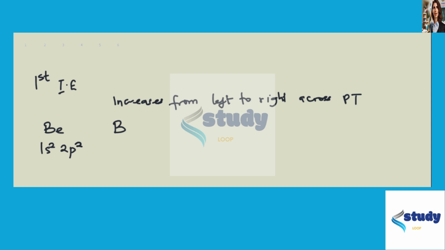And boron is the fifth element, with electron configuration 1s2, 2p3. So we expect the ionization energy to increase from beryllium to boron.